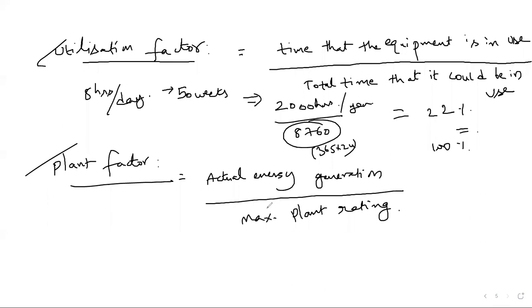We can also call this plant factor as capacity factor. If you consider it on an annual basis, then it will become actual energy generation divided by maximum plant rating with respect to the 365 days, nothing but 8760.